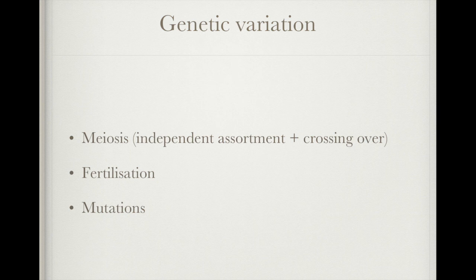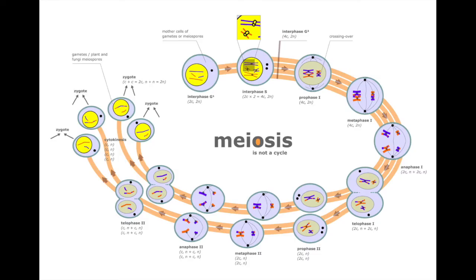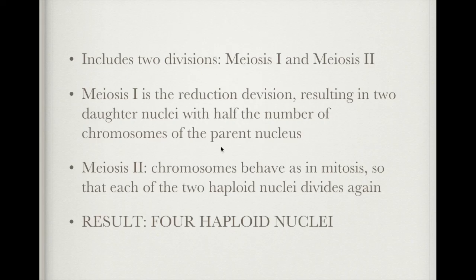About this we'll talk later. First of all, let's see the stages of meiosis. These are the stages, and I will come back to this later because I need to show you some things here. But let's start with an introduction.